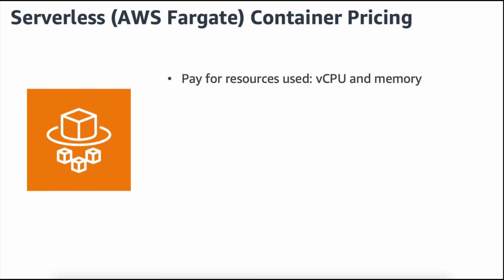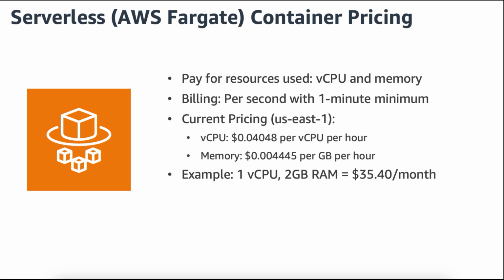AWS Fargate provides a serverless container experience where you pay only for the vCPU and memory resources your containers actually use. This eliminates the need to provision and manage EC2 instances. Fargate pricing is based on per second billing with a 1-minute minimum.